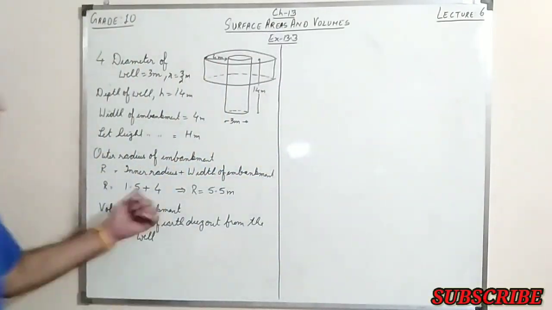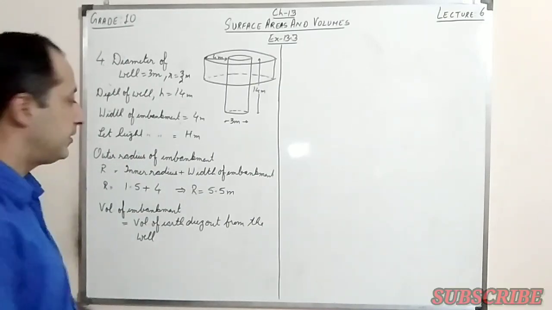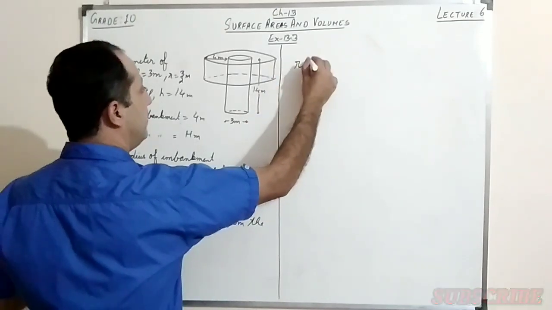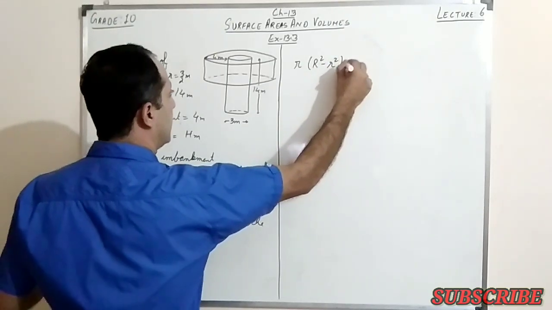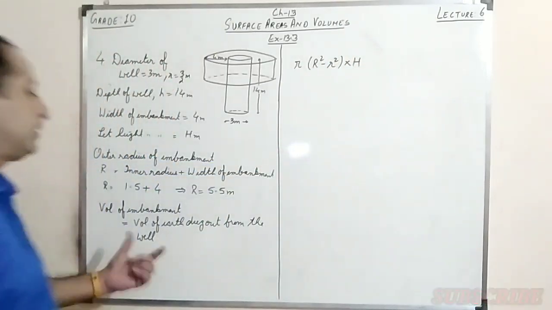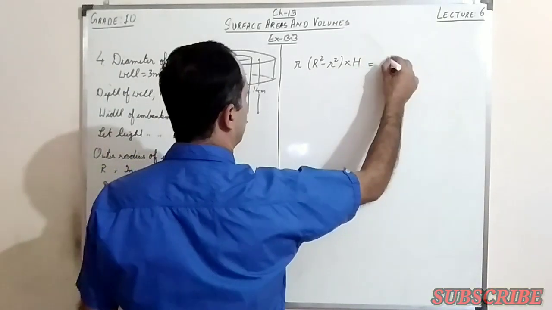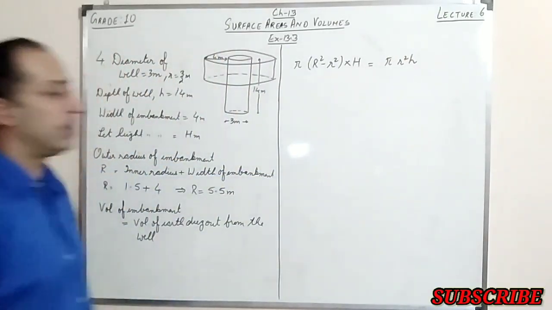Now, we need to find the height of the embankment. So we have supposed that the height of the embankment is equal to h meters. Now we apply the formula as I have written. This is pi multiplied by capital R square minus small r square multiplied by the height. This is the volume of embankment, and this is equal to the volume of the earth dug out, that is the volume of the cylindrical well.